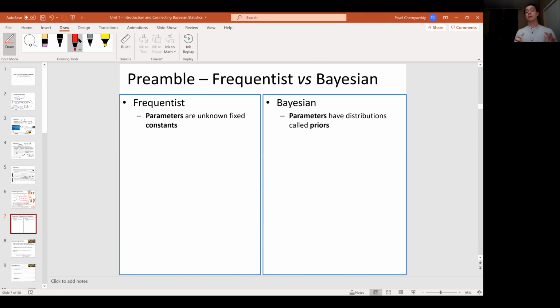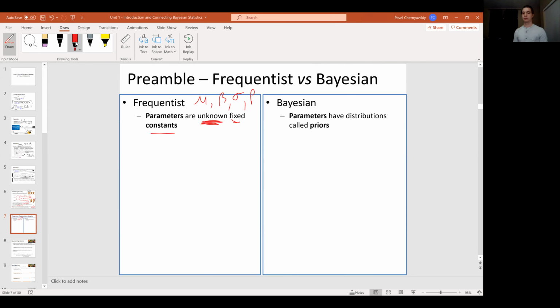The first formal distinction in the frequentist world, and that is probably how most of you learned your introduction to statistics class: we think of parameters being things like mu, beta, sigma, rho, not their sample counterparts, right? Not x bar, not beta hat, not s, not rho hat. Population parameters are unknown fixed constants.